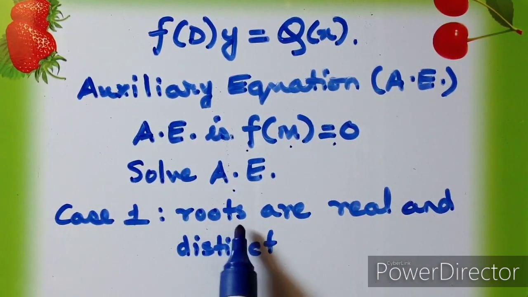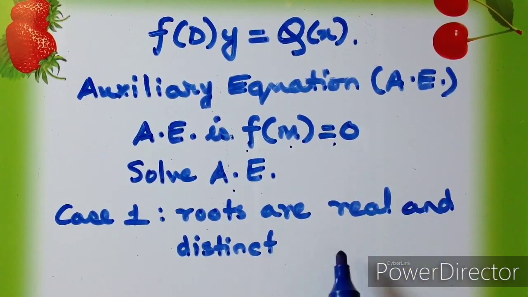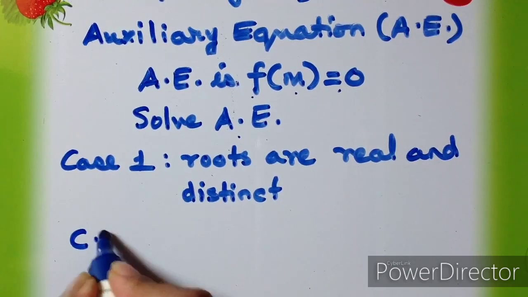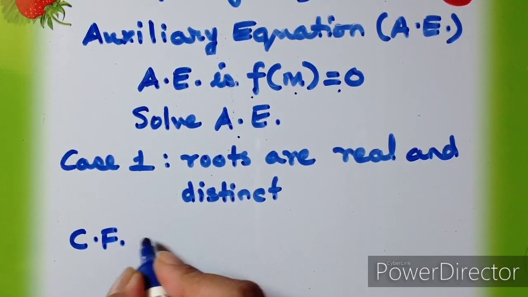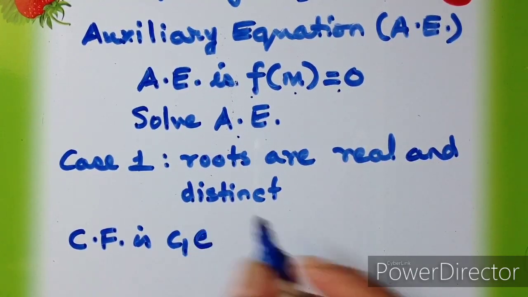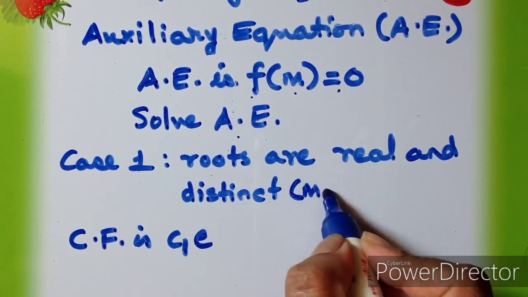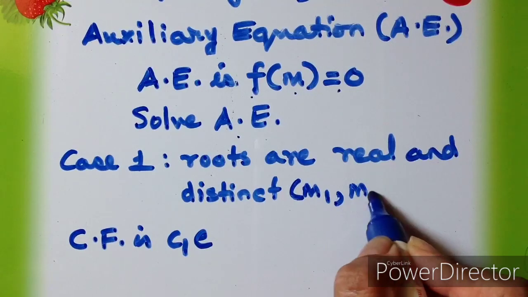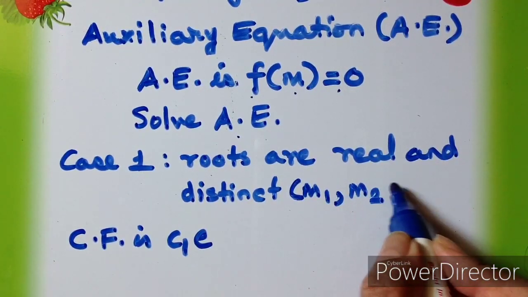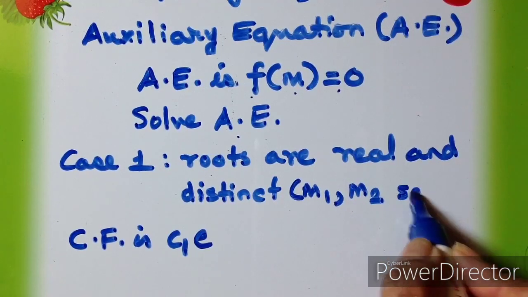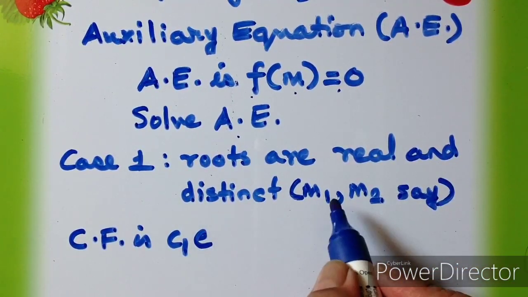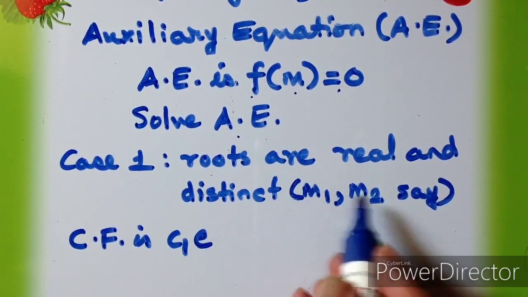In case 1, suppose the roots are real and distinct. In that case the complementary function will be given like this: c1 e raised to, I am calling these roots m1, m2, you can go all the way up to mn. Just for the sake of simplicity, I am taking two roots, m1 and m2.